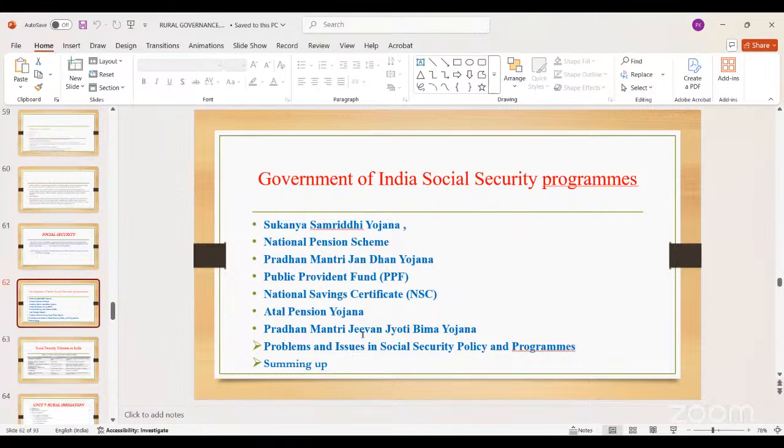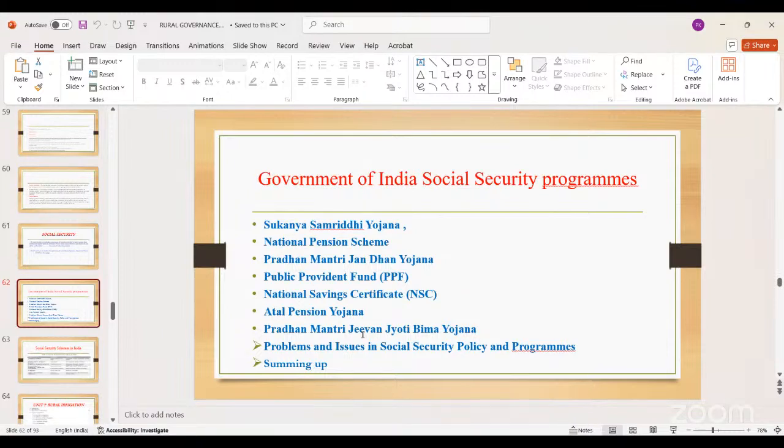Okay. Then after that, we'll sum up that social security is basically the basis of economic safety for millions of people in our country. We have seen that there are a lot of programs and social security schemes being run by both the state and central government, and we have also seen there are some problems and issues.